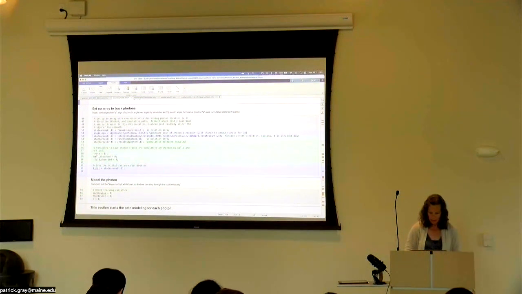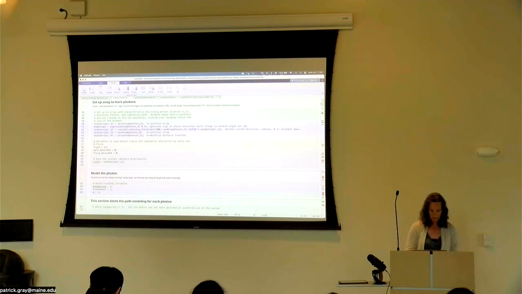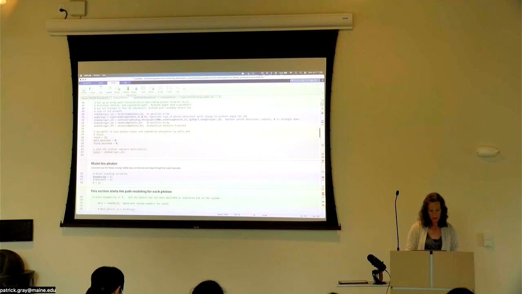And then the photon has got X and Z position. Z is always starting at the top, so 0. Cumulative distance traveled, 0 to start with. And then I'll keep track of some things as we go along. And then the initial radiance distribution, also save that. So run this guy.